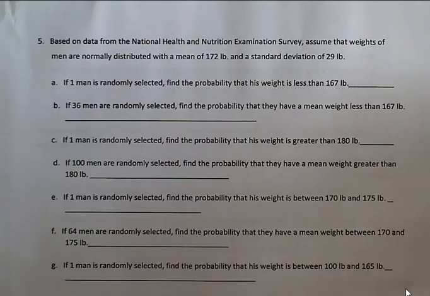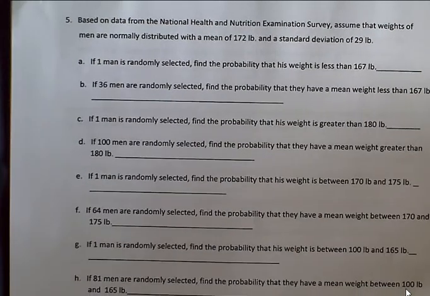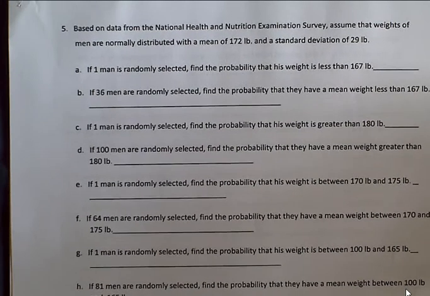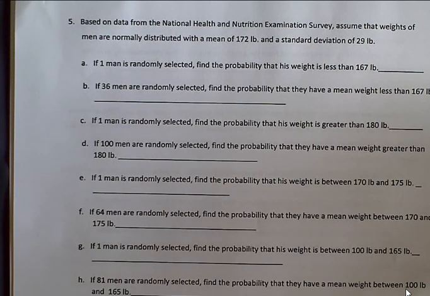Okay. On number 5, there's a couple things I wanted to talk about there. It says in the directions up there, based on data from the National Health and Nutrition Examination Survey, assume that weights of men are normally distributed with a mean of 172 pounds and a standard deviation of 29 pounds.